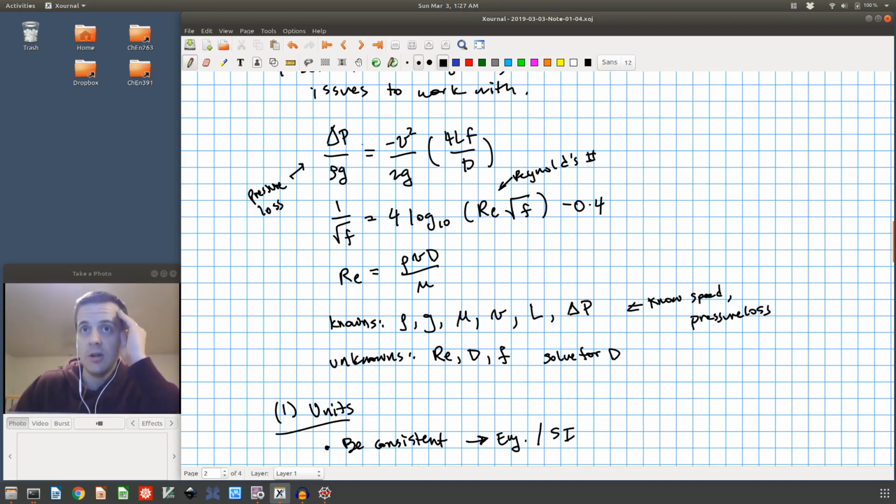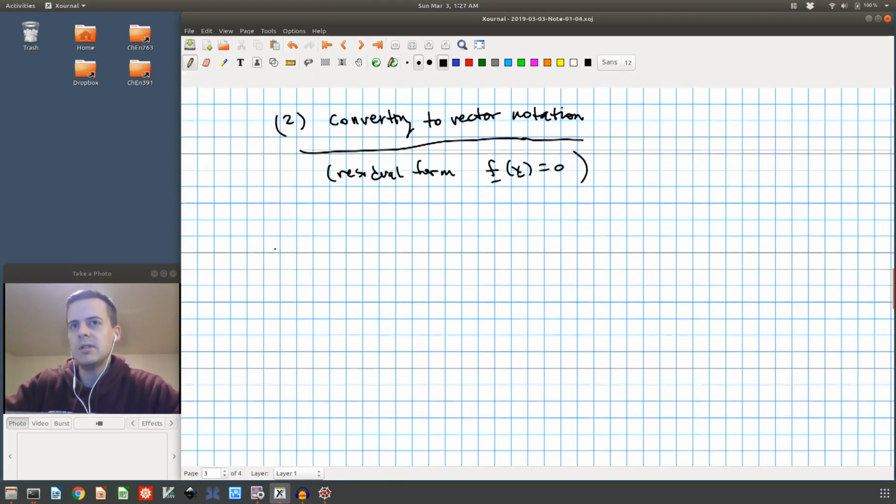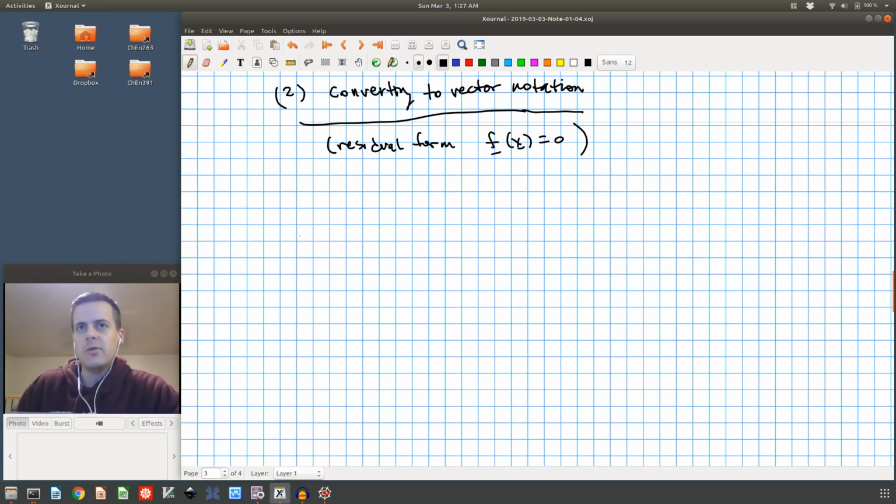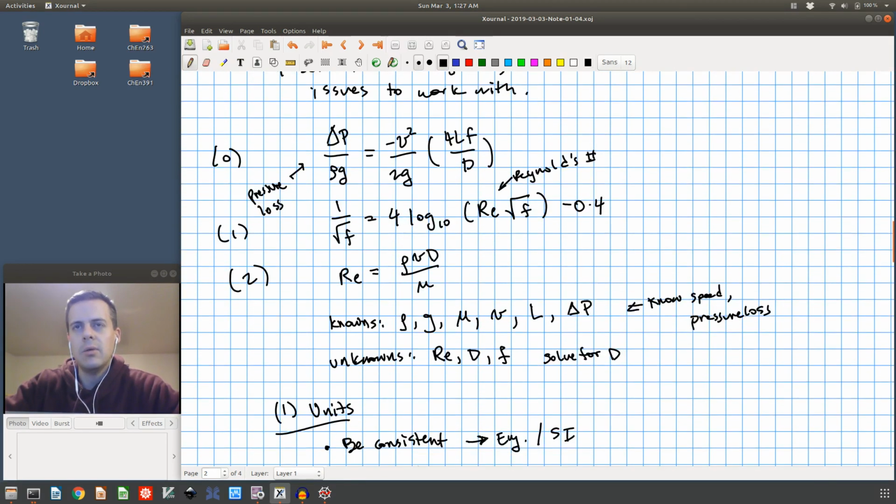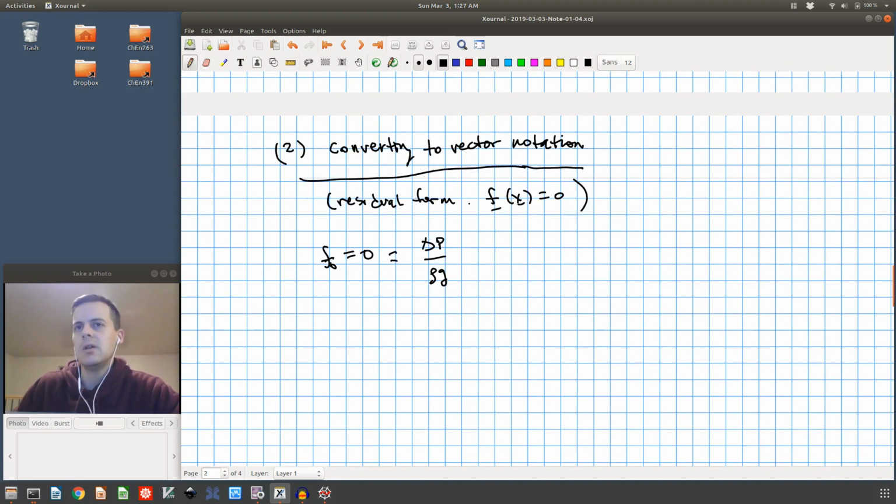So I have three equations here. I'm going to call this one equation 0, this one equation 1, and this one equation 2. So let me come down and write those in standard form. In standard form, I'm going to have f0 equals 0, which is delta p over rho g, and then there was a minus sign, plus v squared over 2g times 4.